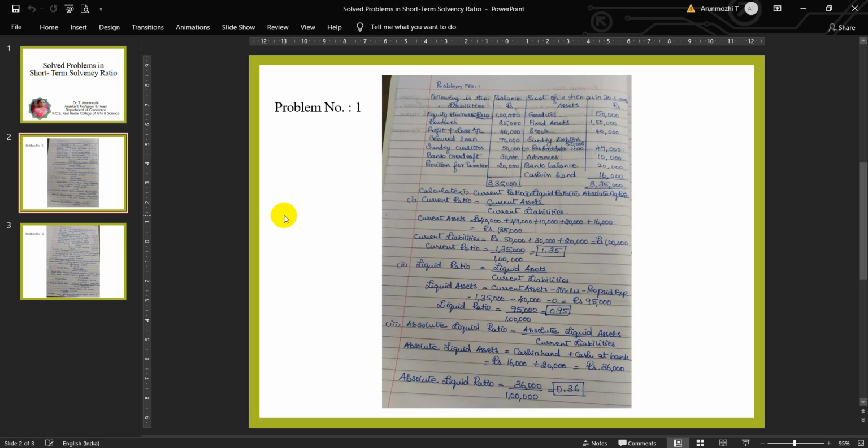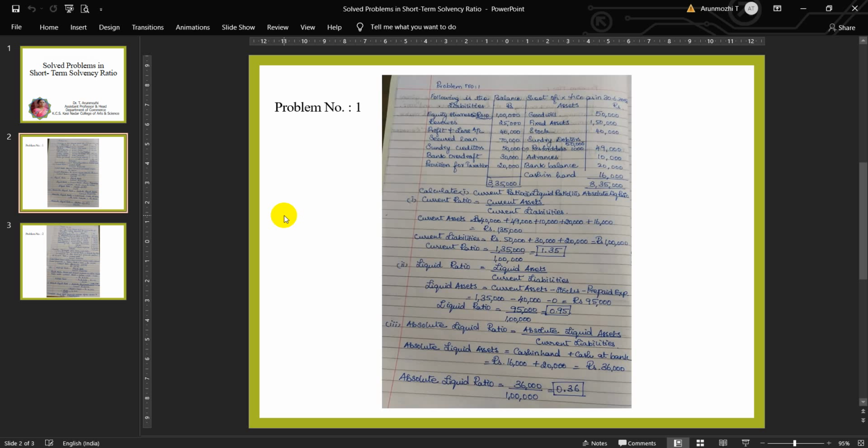The third ratio is the cash position ratio or the absolute liquid ratio. It is also called the super quick ratio. This is a variation of quick ratio. This ratio is also calculated when liquidity is highly restricted in terms of cash and cash equivalents. This ratio measures liquidity in terms of cash and near cash items and short-term current liabilities.